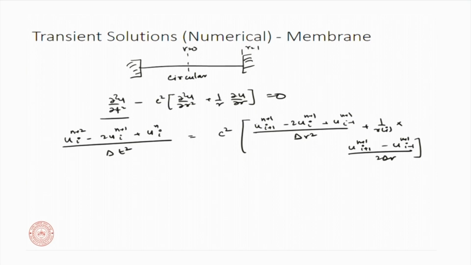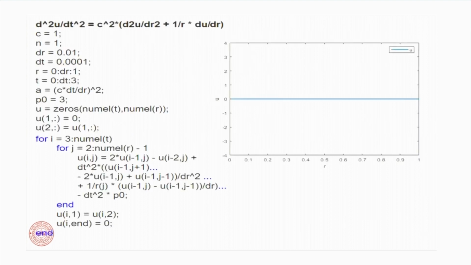What we need are the initial conditions. The initial conditions, we can say that this membrane is initially flat. That's what our initial condition is. It's initially flat, and that we have no velocity. We also consider that there is a driving pressure force to this.